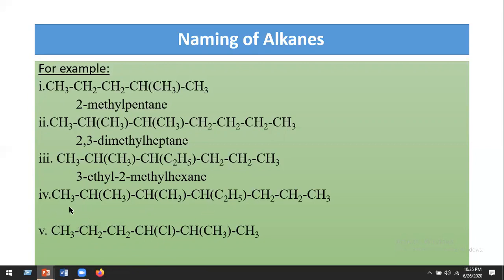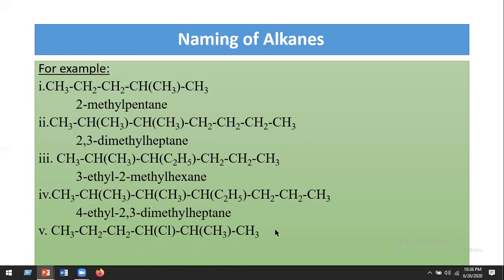And similar naming is applicable for examples 4 and 5 also, which is 4-ethyl 2,3-dimethylheptane. The ethyl group is positioned at number 4, and methyl is present at the 2 and 3 positions. So the name of this compound will be 4-ethyl 2,3-dimethylheptane, with 7 carbon containing longest carbon chain, that is the parent chain.